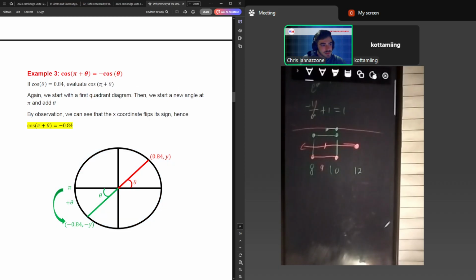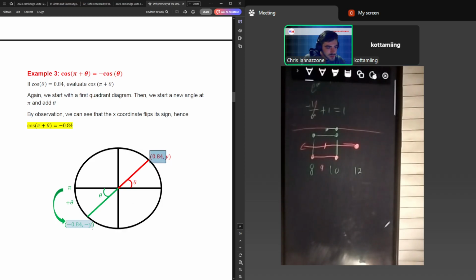Whenever you have something plus theta or something minus theta, whatever that something is is your new starting location on the unit circle. This is pi, so we start at pi. Cool so far? Now, plus theta means that whatever angle got you started over here is now going to continue on in the same direction over here.